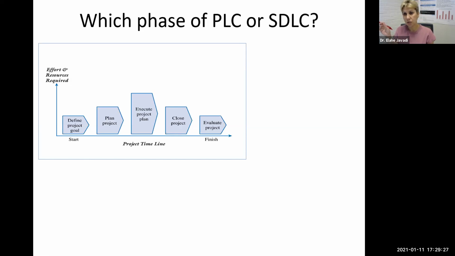One thing to pay attention to here is that closing and evaluation take almost the same amount of resources and effort as defining and planning the project. And one of the reasons the IT profession as a whole is not improving a lot in terms of IT project success rate is that we don't spend enough time on that last phase, the evaluation phase.